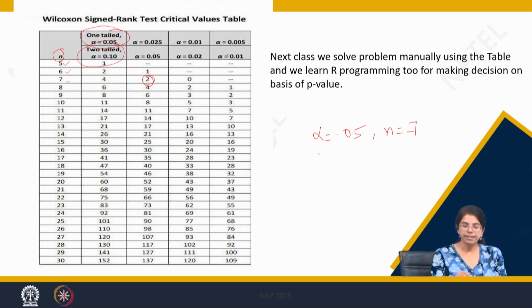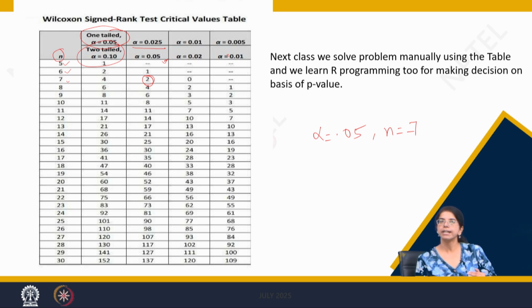And the same 2 will appear when you are dealing with the two tail test, then your alpha will be just half of the one tail alpha. If it is 0.05, then for two tail this alpha will come up as 0.05 divided by 2, clear?